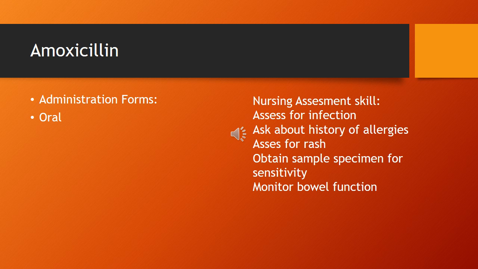So we should be checking for signs of any kind of rash. If they have a wheezing, should monitor for bowel function, make sure that they're utilizing the bathroom on a regular schedule. If they have any diarrhea, abdominal cramping, any fever, or blood in their stool, they should report back to their doctor right away.